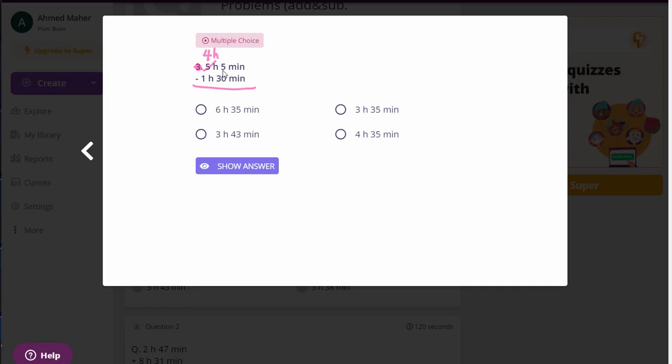The 1 hour, how many minutes? 1 hour equals 60 minutes. So the 5 will be 65 minutes. Okay, now subtract. 65 minus 30. 5 minus 0 is 5. 6 minus 3 is 3. 4 hours minus 1 hour is 3 hours. Okay, so the answer is 3 hours 35 minutes.